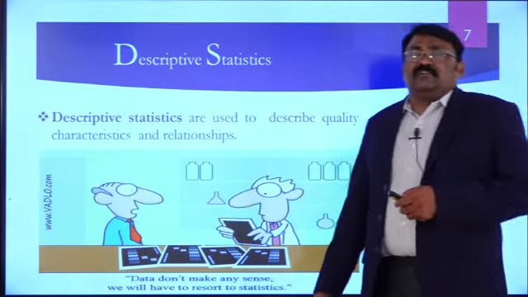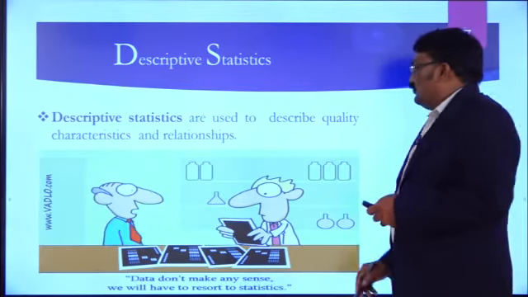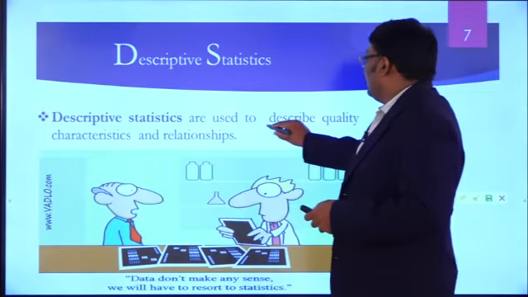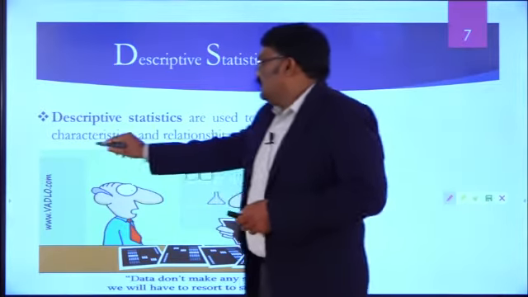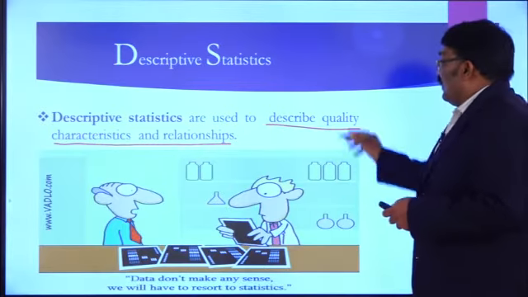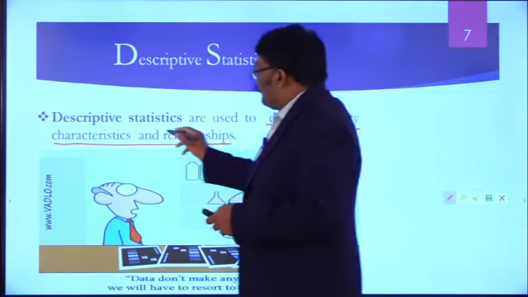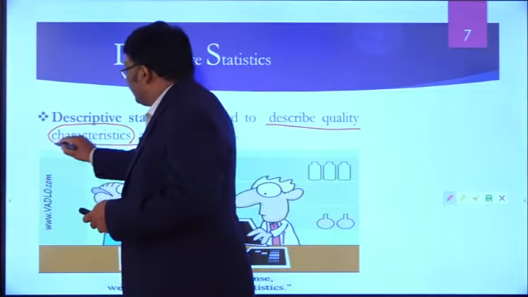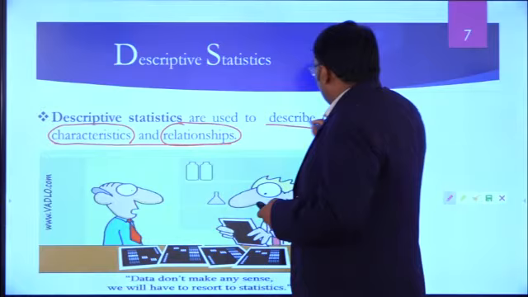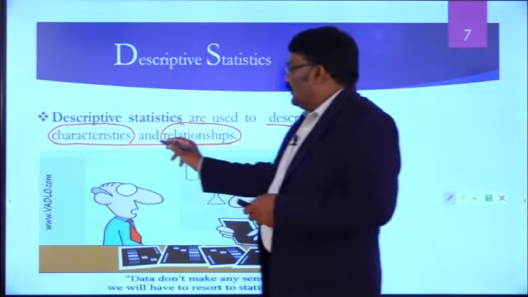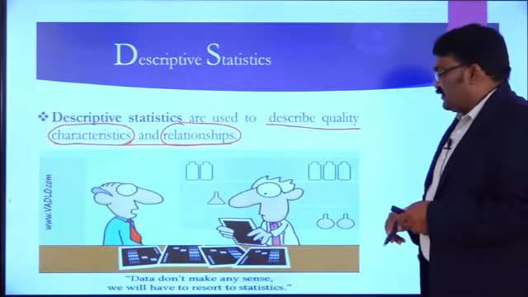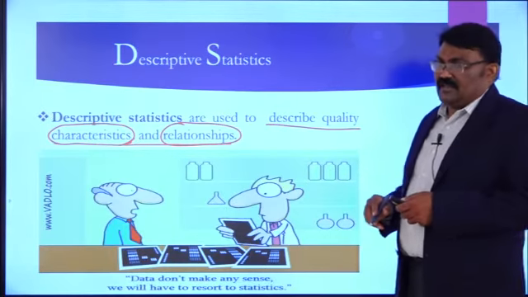Now, descriptive statistics are used to describe quality characteristics and relationships, because by that we understand whether we are supposed to reject or accept the product. Now, quality is described and this quality is understood whether to be accepted or rejected in the organization.